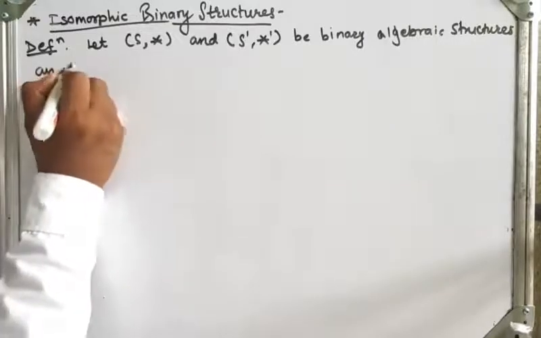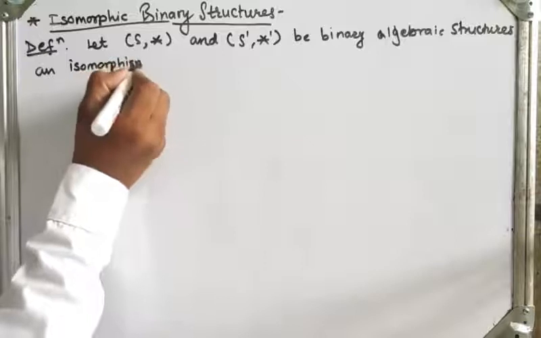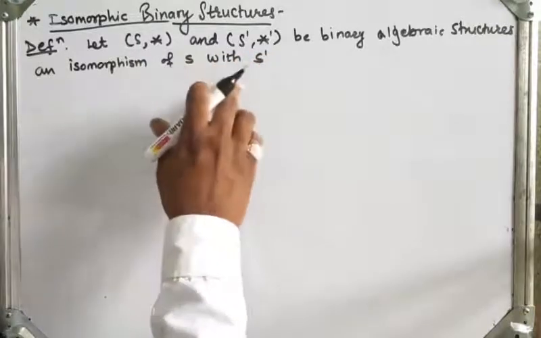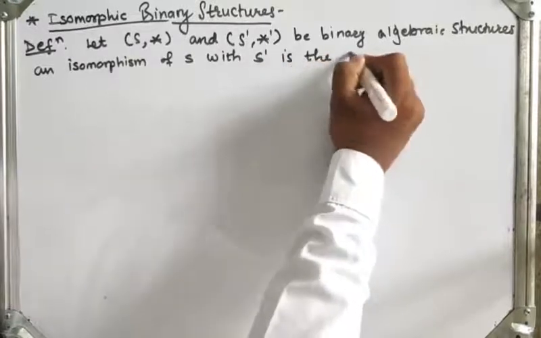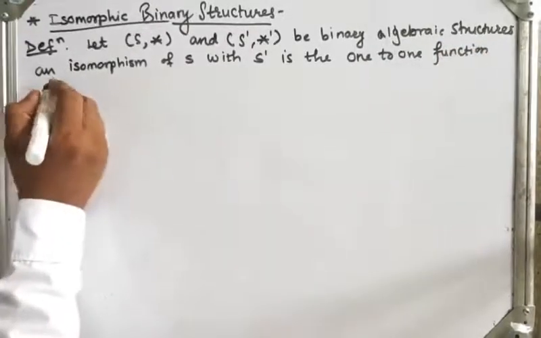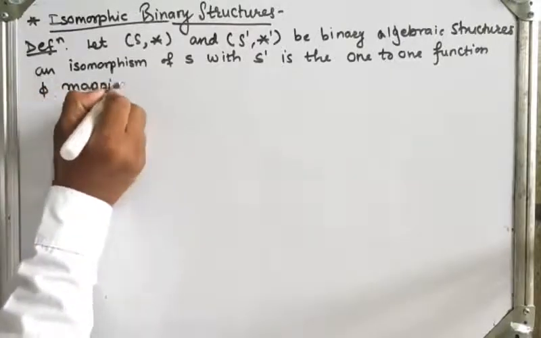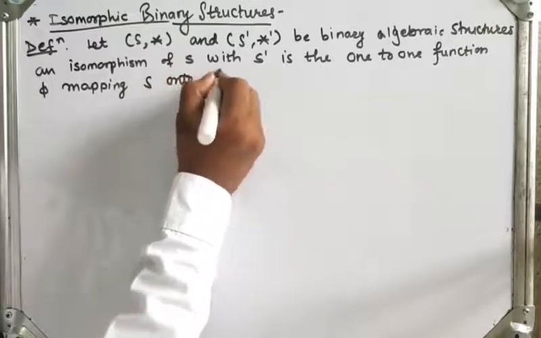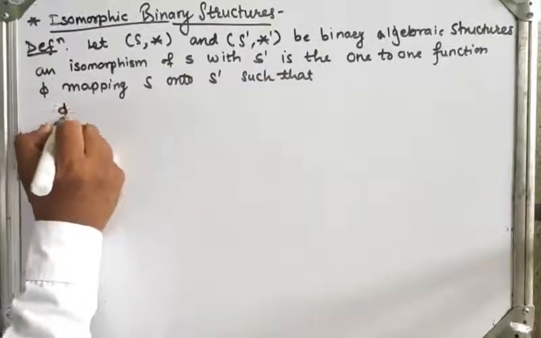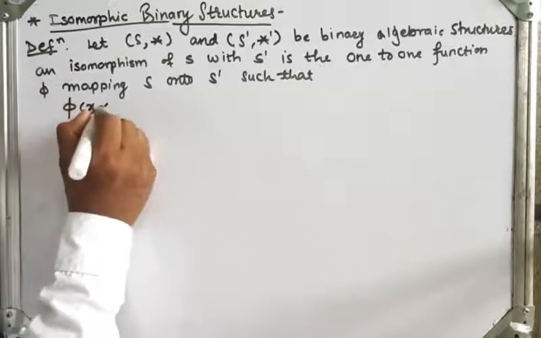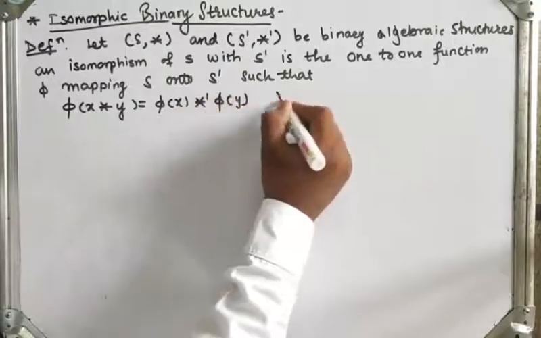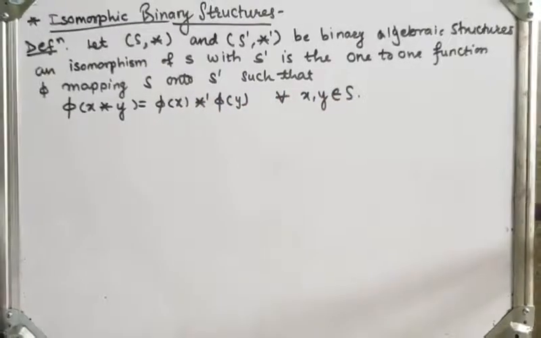An isomorphism of S with S dash is a one-to-one function phi mapping S onto S dash such that phi of x star y is equal to phi of x star dash phi of y for all x, y belonging to set S, that is, phi is a homomorphism.